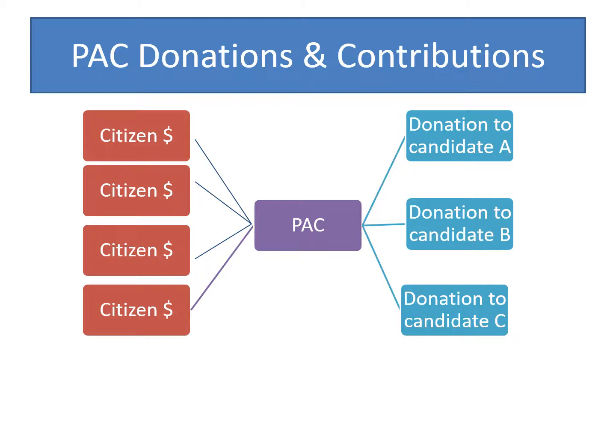PAC contributions are given directly to candidates. And they're not bribes, they're legal donations which are regulated by federal law, that basically give citizens a way to contribute, especially if they're going to give a small amount to a political candidate, to funnel it through a PAC so that their donation makes a bigger impact.